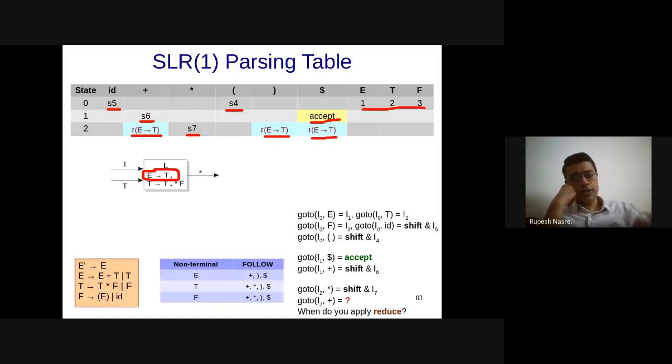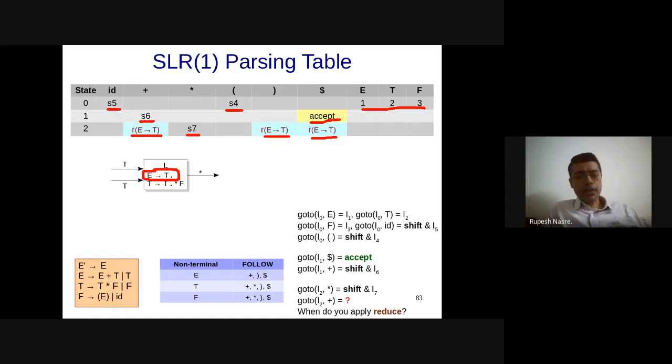Right? So that was our follow set which we derived earlier in the context of LL. But you can quickly check that by finding first of E, first of T, first of F, and then based on that, whatever are the next terminal characters which can appear, we can construct this follow set, right? So that you can recap.